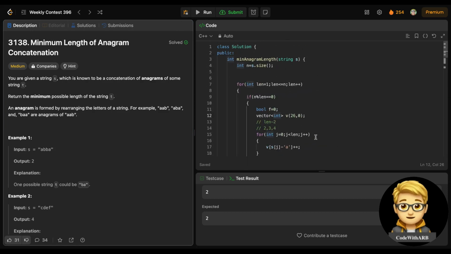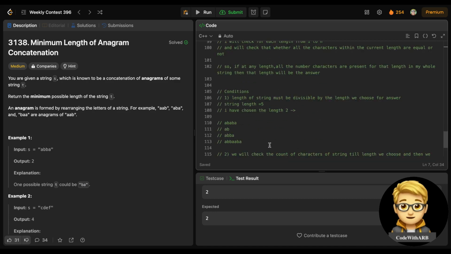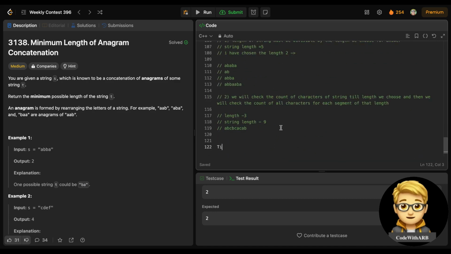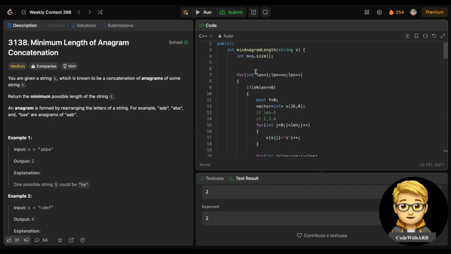So we are just checking each and every length for this. So what will be the time complexity and the space complexity? The main analysis is for this, because if you analyze before this approach, that question will be an easy one, right? So what we are doing, we are checking for every length this condition.